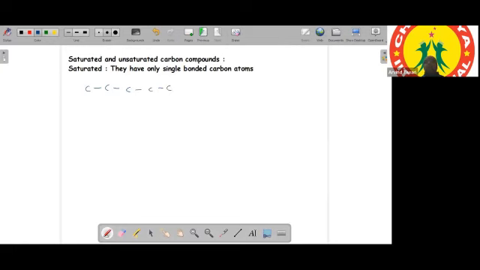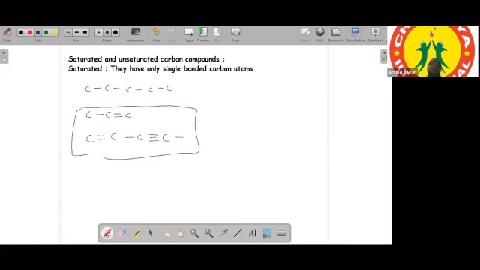Otherwise, if you observe carbon, carbon with a double bond anywhere, this is unsaturated. If you observe it like this, this is also unsaturated. So such things are saturated hydrocarbons, and this one is an unsaturated hydrocarbon.